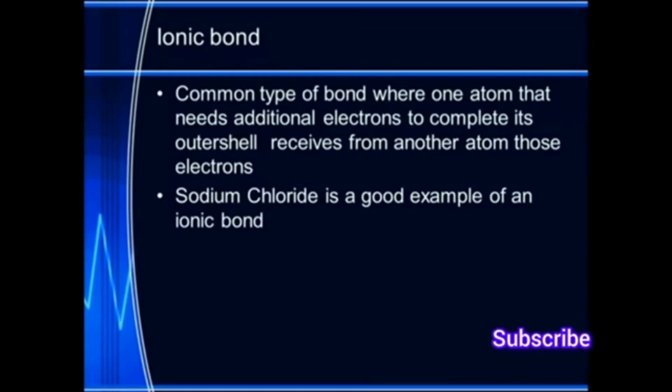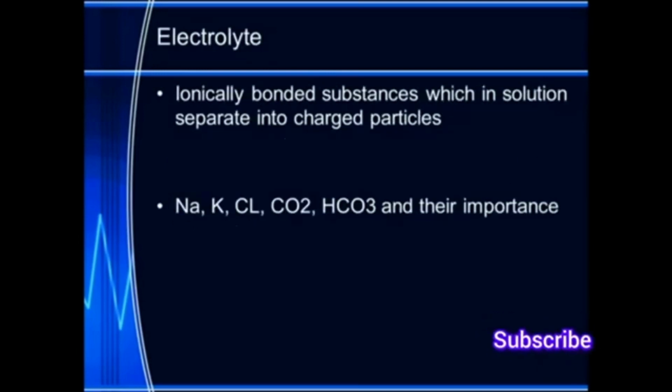Sodium chloride is a good example of an ionic bond. It's also a good example of something we call an electrolyte, because an electrolyte is when you take something like sodium chloride, which is ionically bound, into solutions such as water, and it will separate into charged particles.